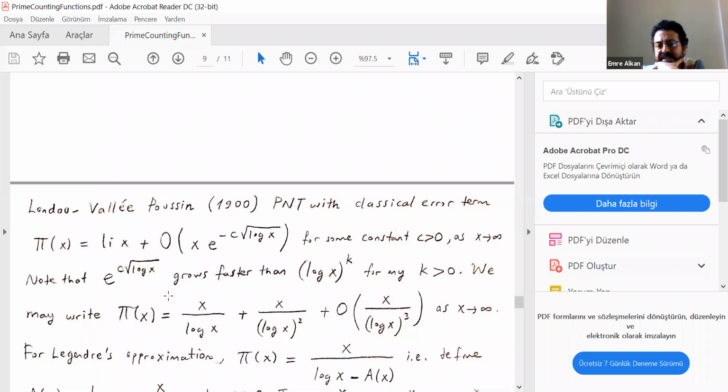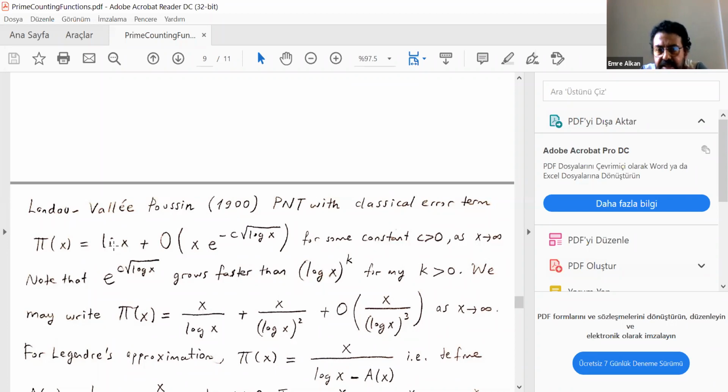X over log x is not a very good approximation of pi of x, because if you just subtract, the error is as significant as x over log x squared, because this is a lot smaller than that. So there is a lot of error that you make. This is still a large number compared to x. So the very first approximation based on empirical data is not that promising, because the error is very large, as you can see.